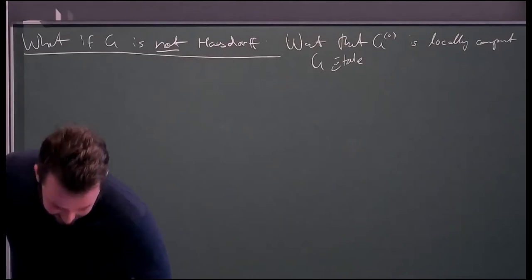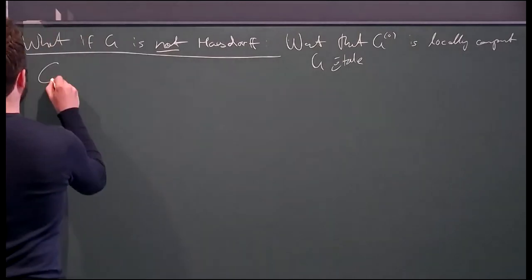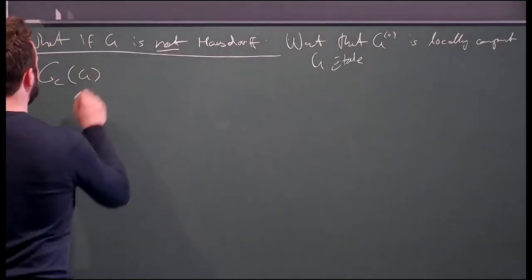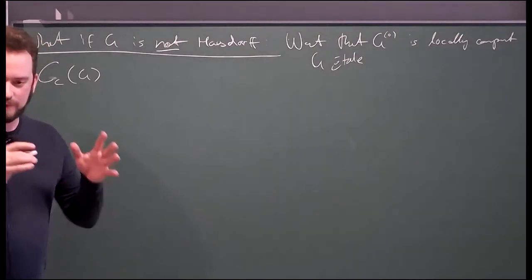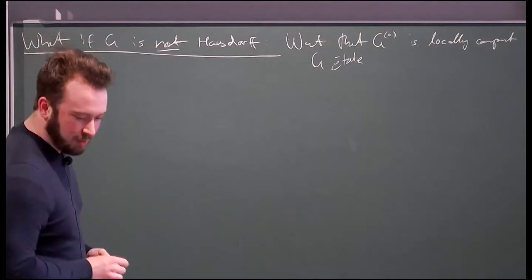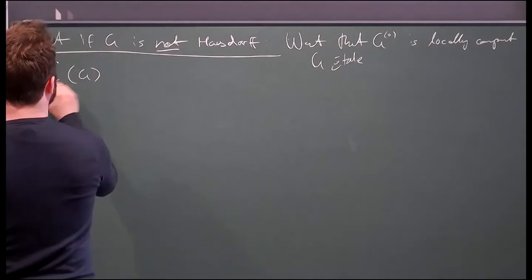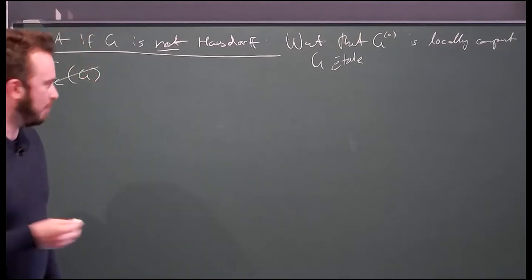So what we need to do, instead of just starting with the compactly supported continuous functions on the whole unit space, is to look at functions that start off as continuous on little areas. So we start looking at what are called open bisections.